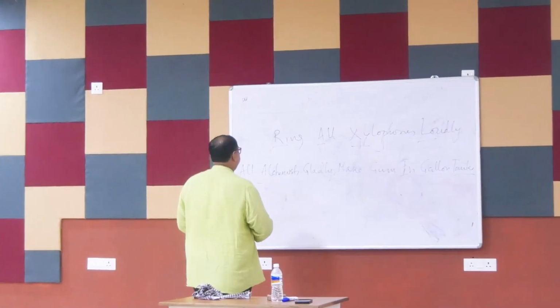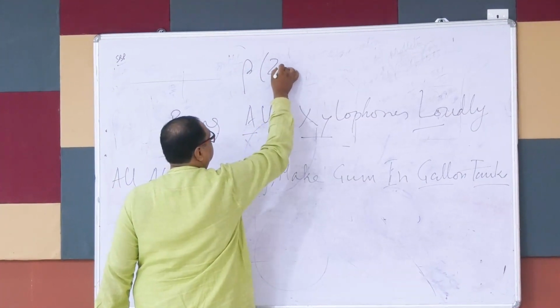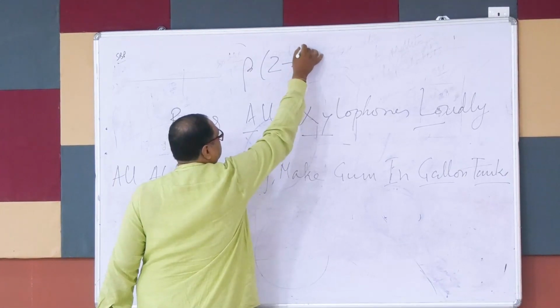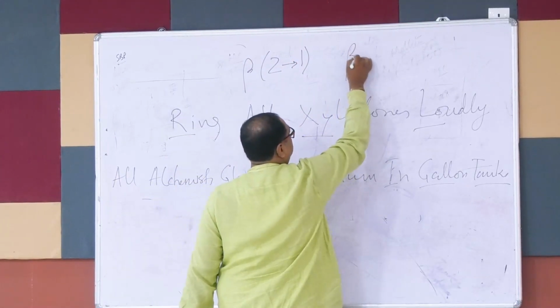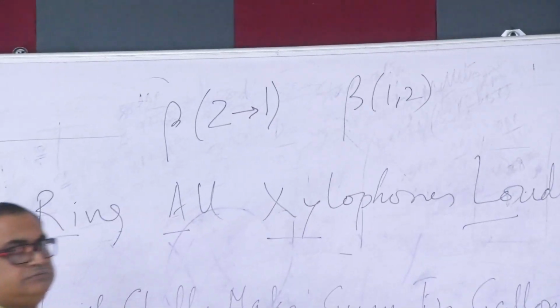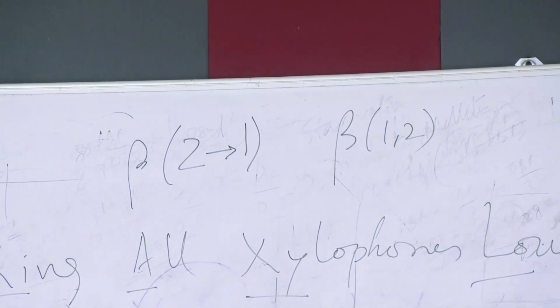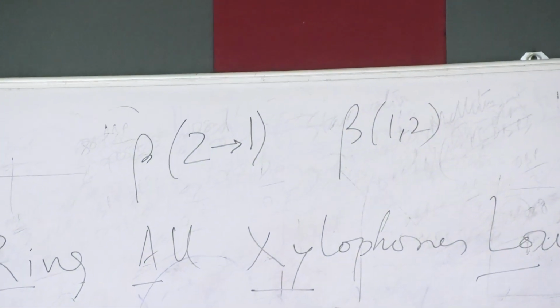There are two ways of writing. One is this, another is this. Clear? You can follow either method. Okay, sucrose is done.